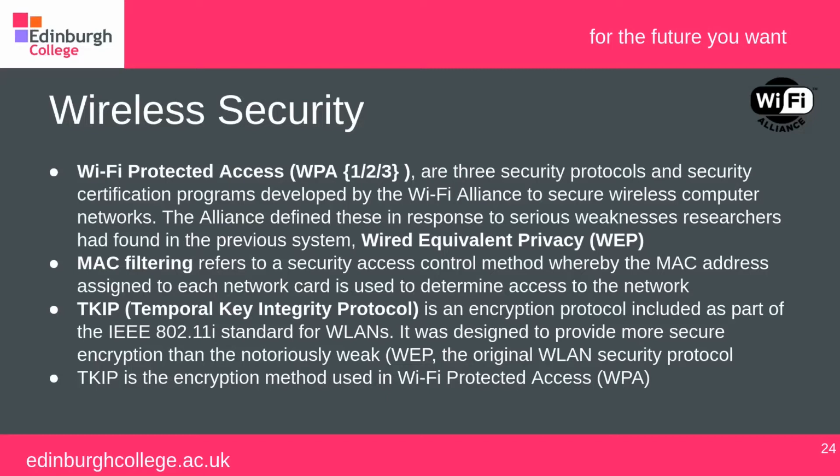And TKIP, or 802.11i, is the Temporal Key Integrity Protocol. This is just a way of adding an encryption method onto WPA, Wi-Fi Protected Access. So the things we need to know for this course are: what's MAC filtering? What does TKIP do?